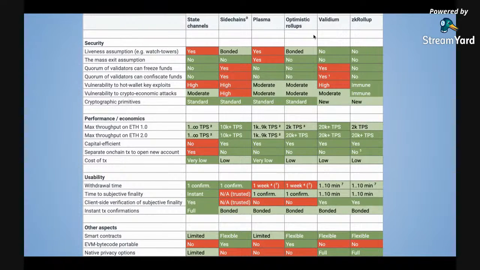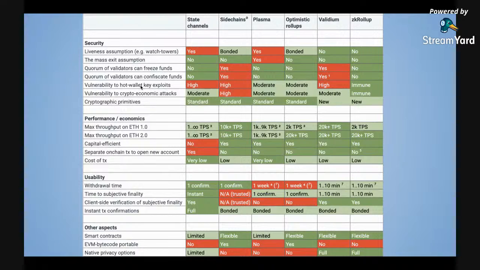That is applicable for Validium as well, because as far as I understand, it's off-chain. You've got a mixture of these off-chain side chains, so the people running those can freeze funds. These two are quite similar: can freeze funds or can confiscate funds.